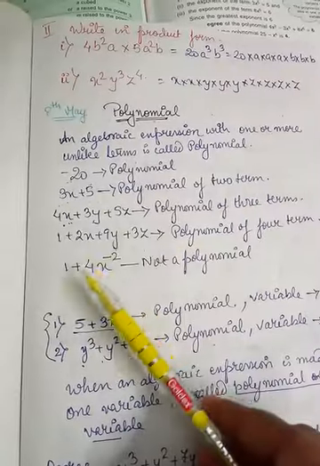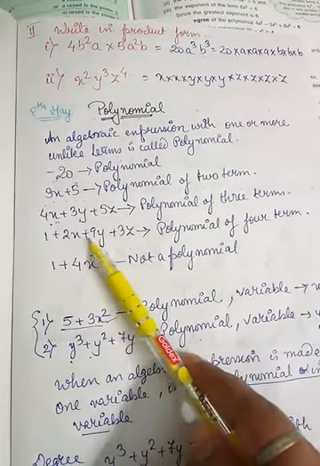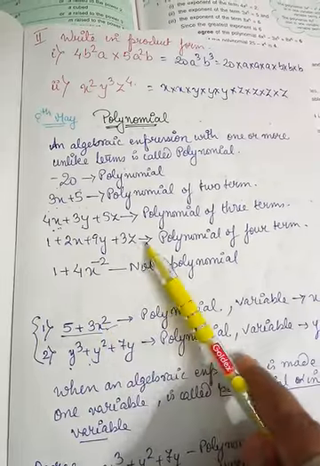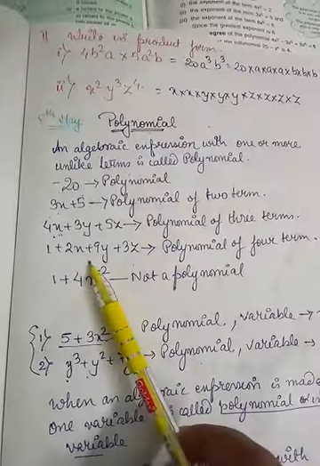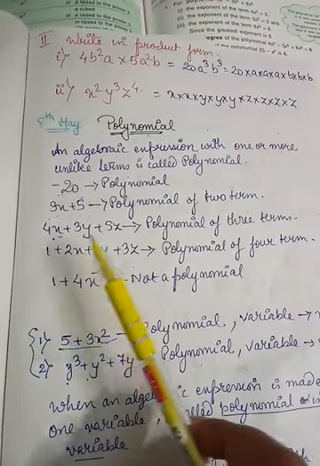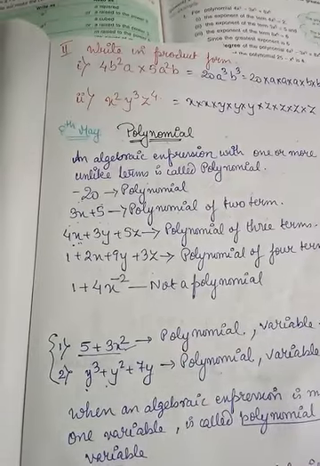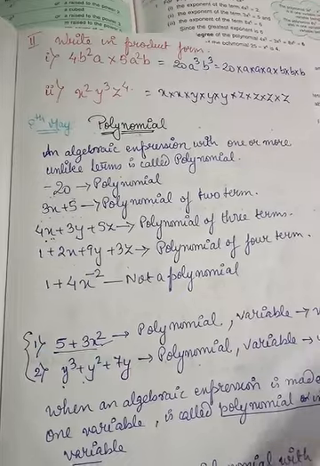Now, if you see in our previous class, have a look: 1 plus 2x plus 9y plus 3z. This is a polynomial having 4 terms and we have different variables like x, y and z. So this is not a polynomial in one variable, but a polynomial having more than one variable.